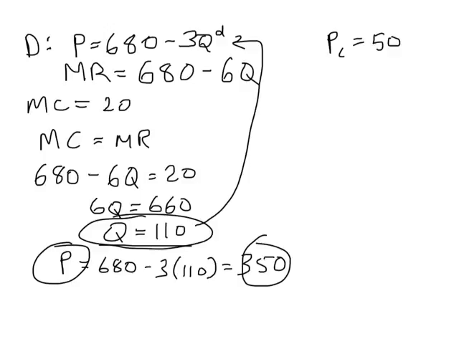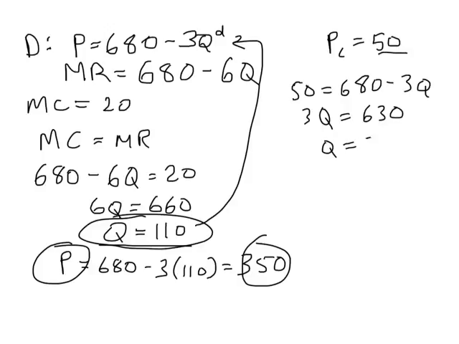That's marginal revenue. Given that, we can figure out the quantity demanded by plugging 50 in for P in the demand function. So 50 equals 680 minus 3Q, and that means 3Q is equal to 630, and that means Q is equal to 210. So that's enough information to go and graph things up here.